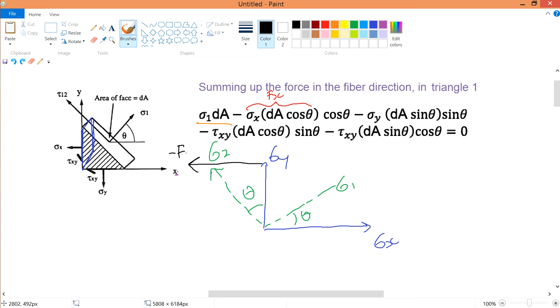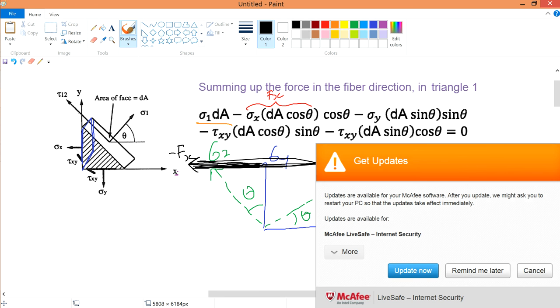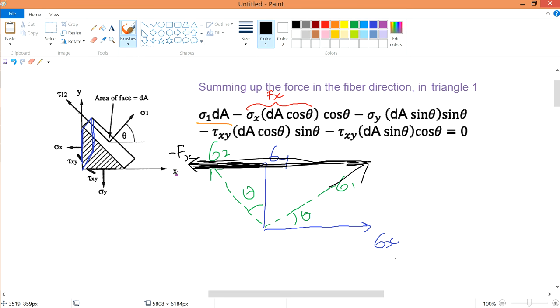Now after knowing that your fx is in this direction, we are going to look at translating your forces into the sigma 1 direction, which is this direction. You slightly extend this now, and you're going to ignore what we have over here, because what we are looking at now is this full picture.